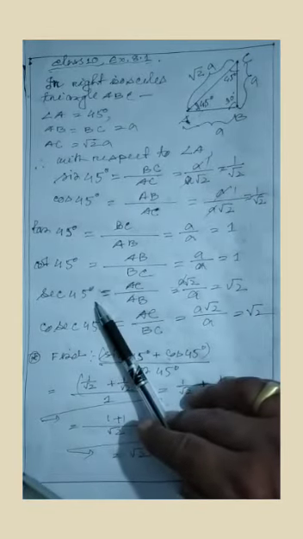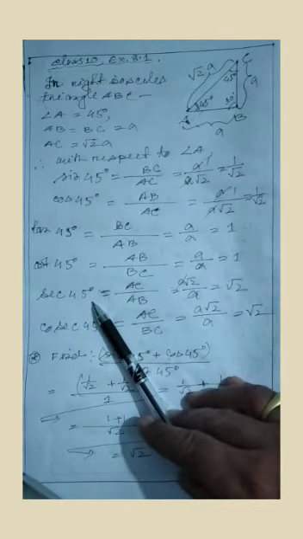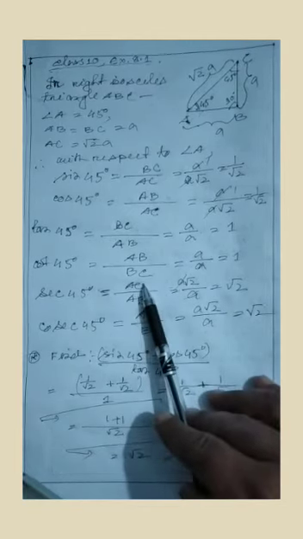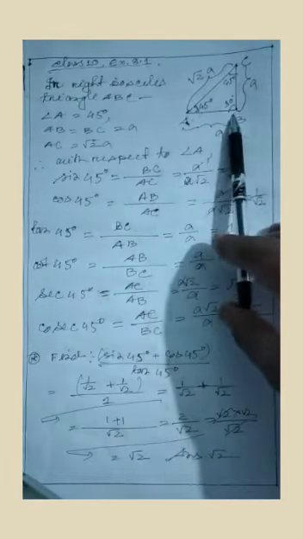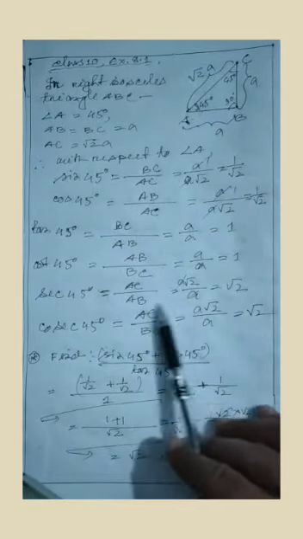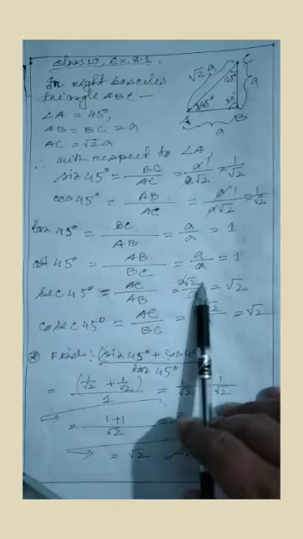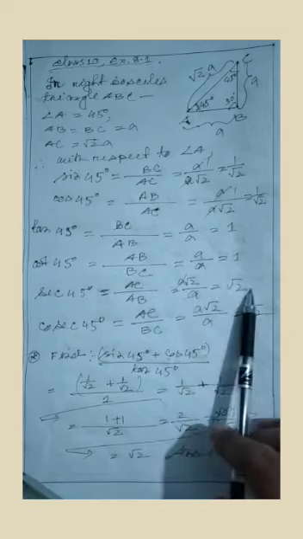Sec 45 degrees. Sec theta equals what? Sec theta equals H by B. So H equals AC, B equals AB. So AC by AB equals a root 2 by a, root 2.